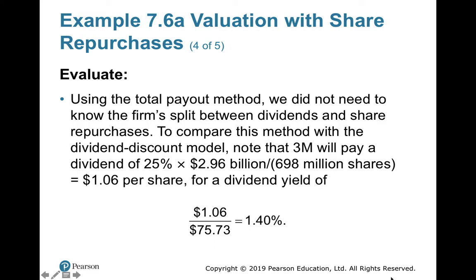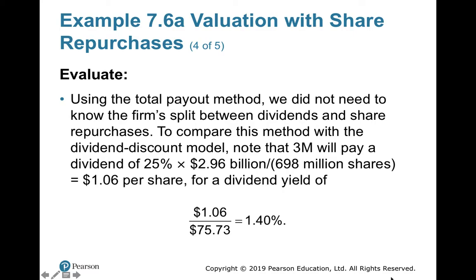So using the total payout method, we did not need to know the firm's split between dividend and share repurchase. To compare this method with the dividend discount model, note that 3M will pay a dividend of 25% of 2.96 billion. 25% will be paid as dividend, 25% will be retained in the business.